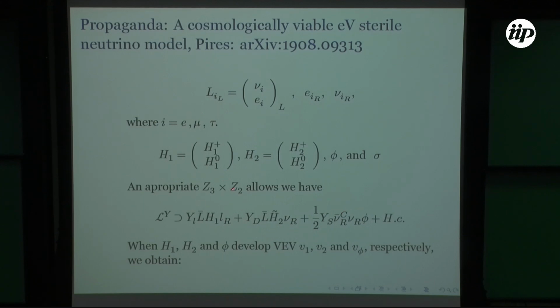The idea of this symmetry is to avoid that the standard doublet Higgs gives mass to the sterile neutrino. So this is the reason for the second doublet, and the reason for the Z2 and Z3 symmetry. You just need this, right? What is the role of this second singlet? I will say soon.